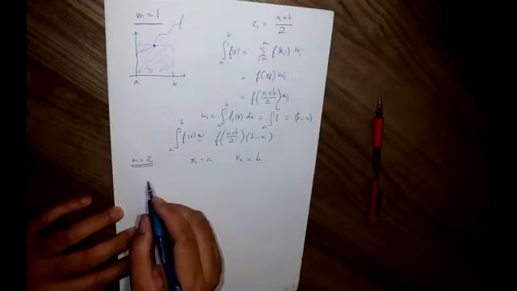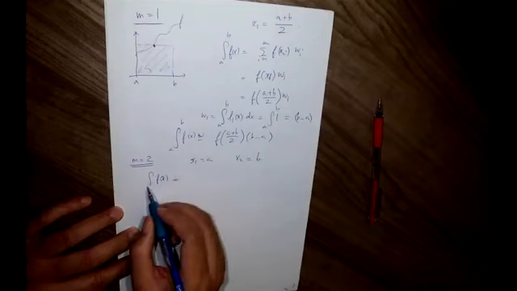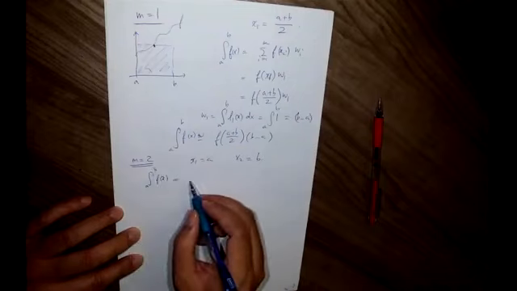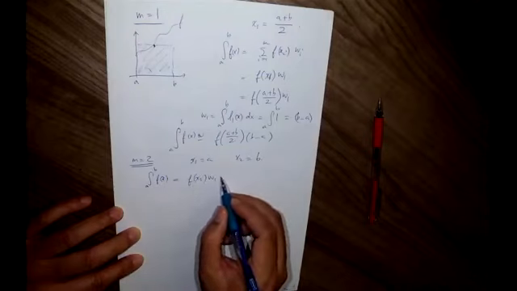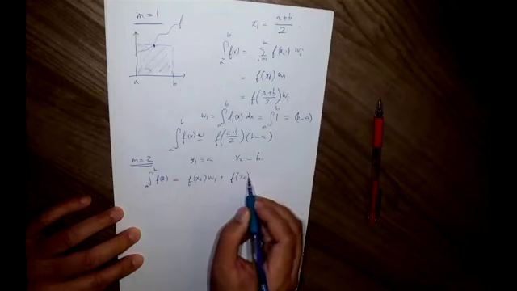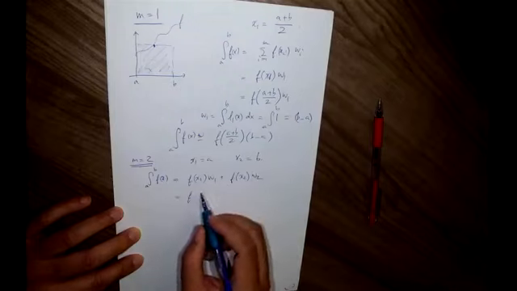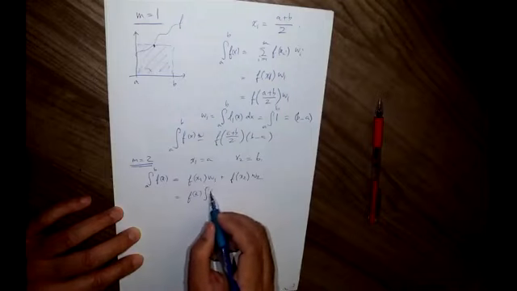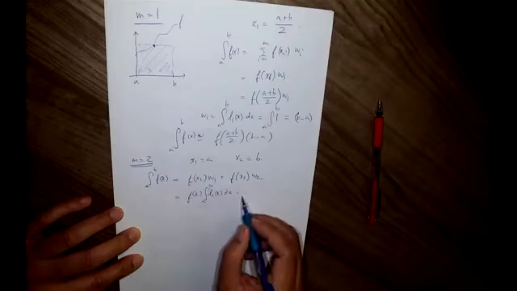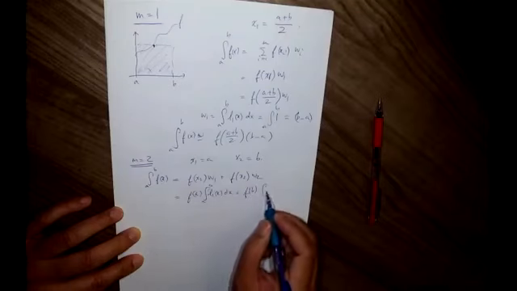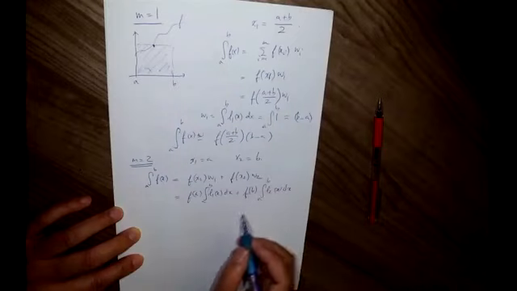And now my quadrature is the sum from 1 to 2, so it will be f(x1) w1 plus f(x2) w2, and f(x1) is just f(a) times the integral of L1(x) dx from a to b, plus f(b) times the integral of L2(x) dx. So what is L1 and L2?